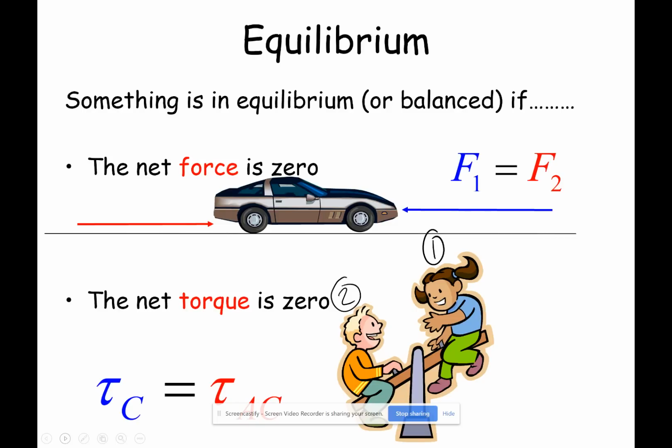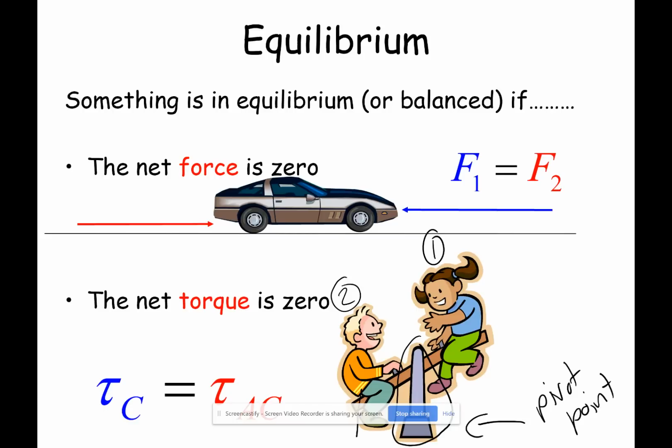So let's look at this little picture. First, let's label the pivot point. Where is the pivot point? Hopefully you said right there. So that would be our pivot point. Now, what force is causing child 2 to go down?